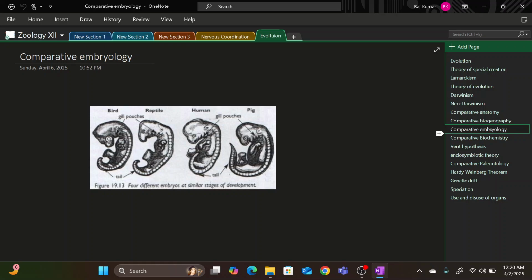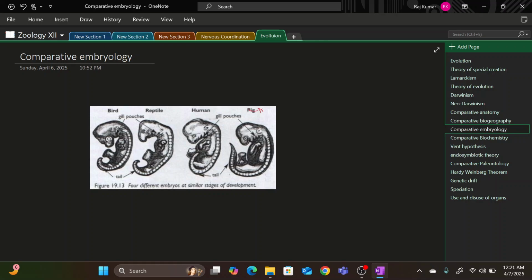Now let's move on to embryology. Embryology is also an important part. All mammals have one common thing in their embryological stage, in their gastrula stage. Not only mammals, but reptiles, humans, and amphibians as well.